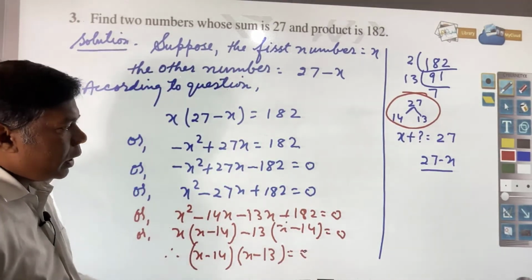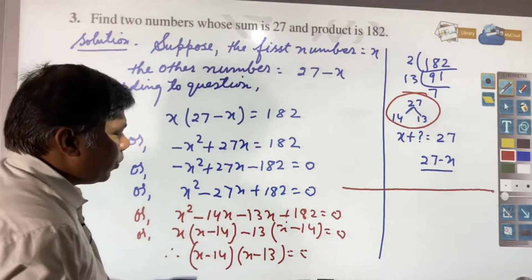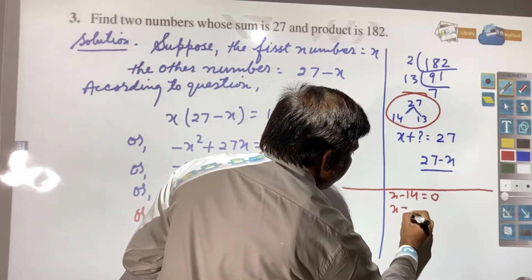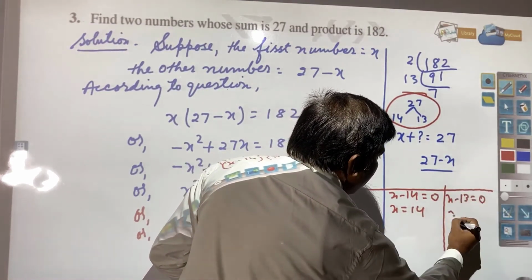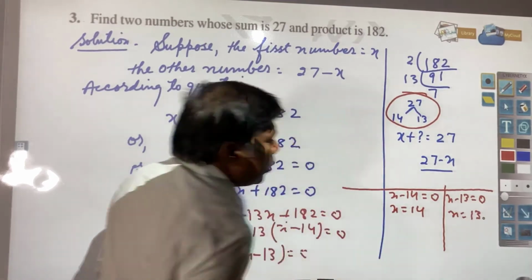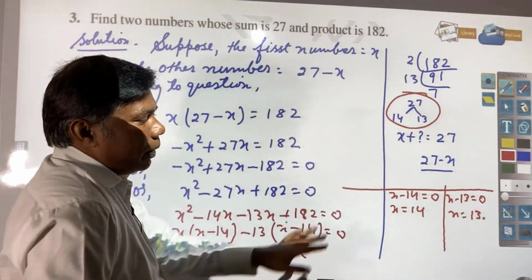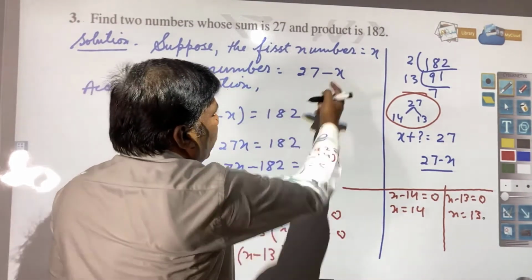If x minus 14 is equal to 0, x will be 14, and when x minus 13 will be 0, x will be 13. So one number will be 13 and the other number will be 14, or you can put in this also.